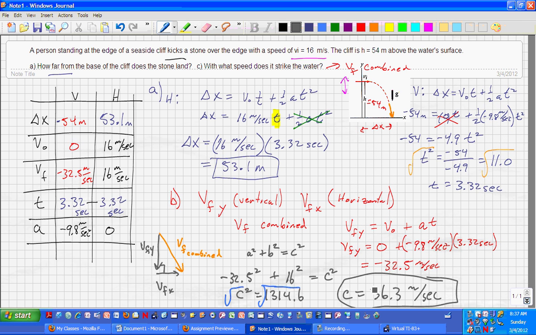That's the answer to part B, or well, it's labeled C here, but because there's only two parts, A and B, it's part B.